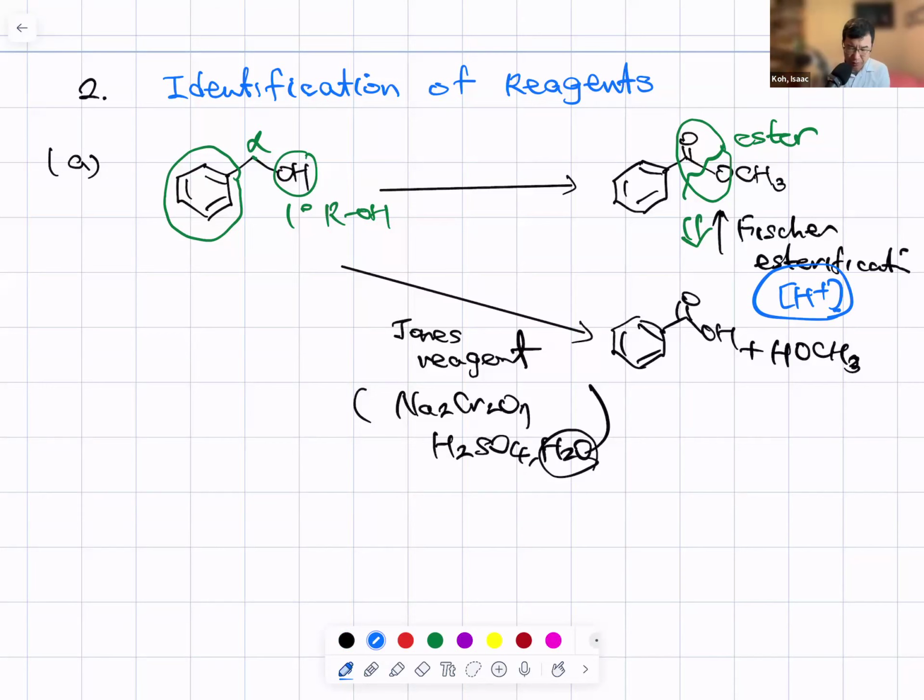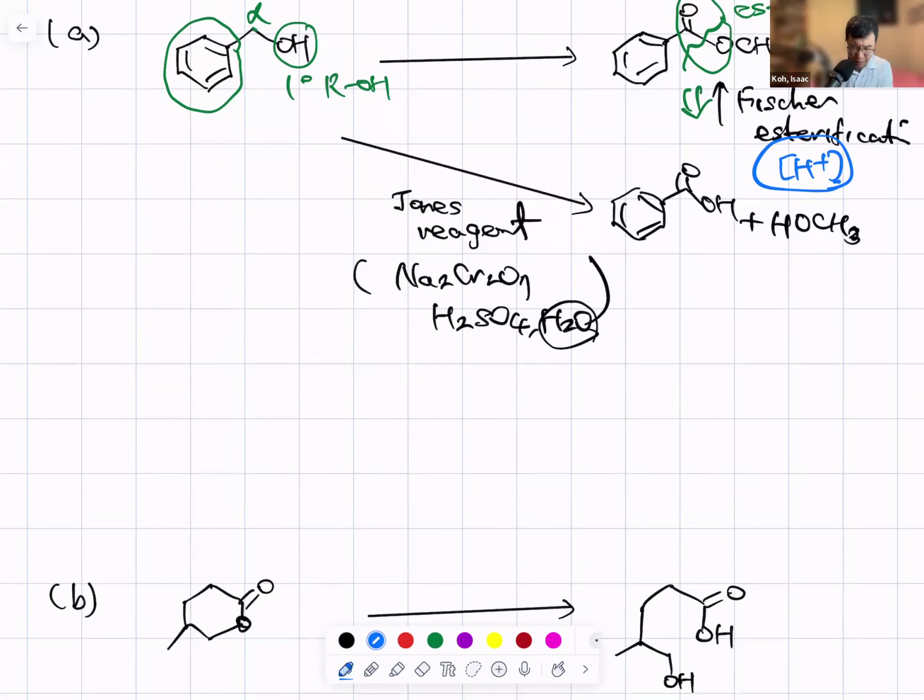Another method is also starting from this benzoic acid. We can treat this one with thionyl chloride, and we can make this one into acid chloride.